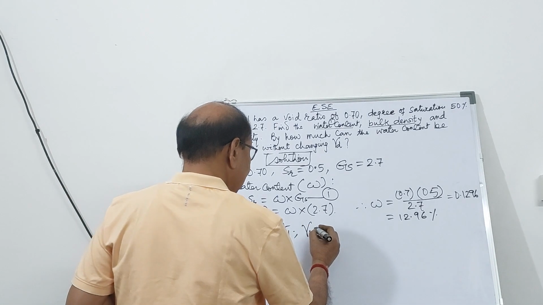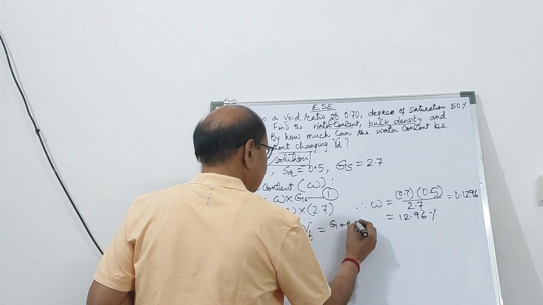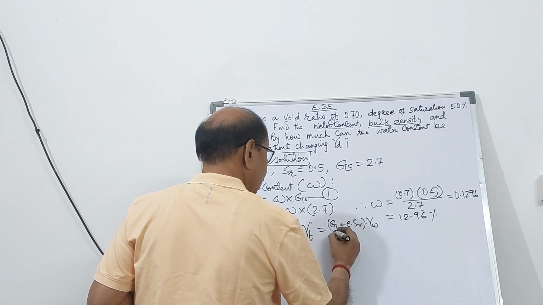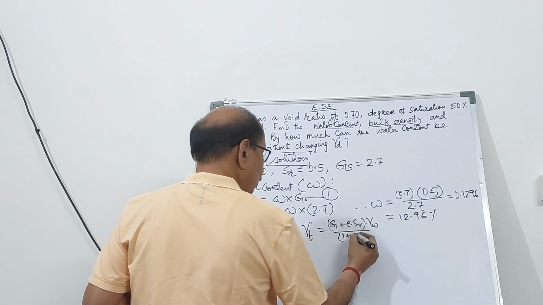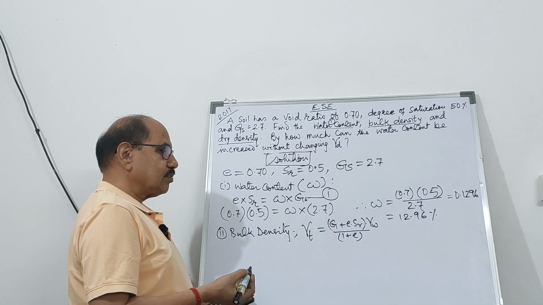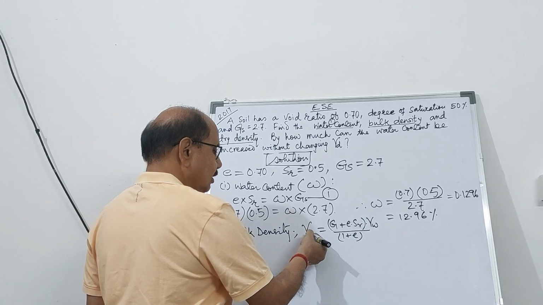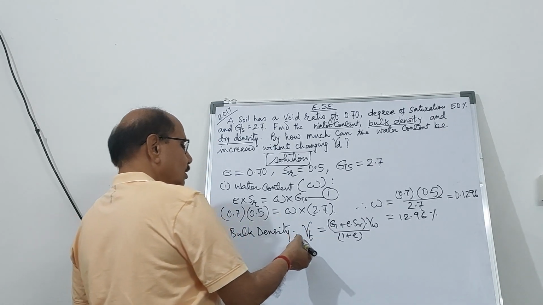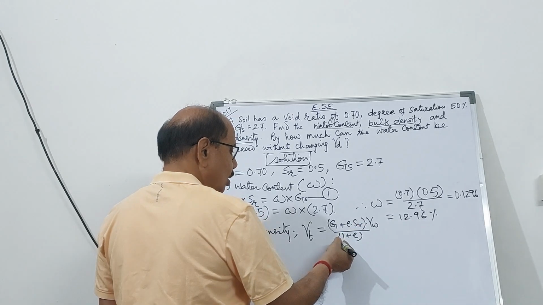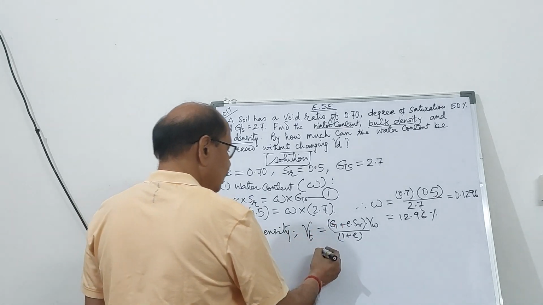So gamma T is going to be G plus E into SR into gamma W divided by 1 plus E. This you know from the three-phase diagram, the relationship between specific gravity, degree of saturation, and gamma T. So total unit weight or bulk density gamma T equals G plus ESR gamma W upon 1 plus E. Quite simple because things are all given.